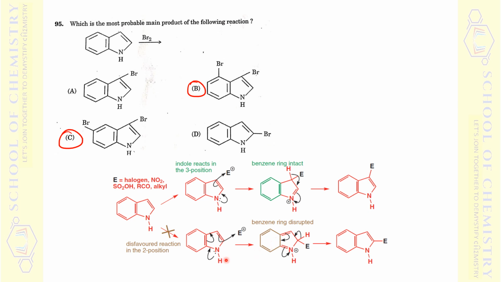So that's how the electrophilic attack at the second position is not favored. Whereas here, if it happens, the aromatic character of the benzene ring is not disrupted. Therefore, electrophilic substitution is preferred at the third position, and the corresponding answer that they have given is option A.